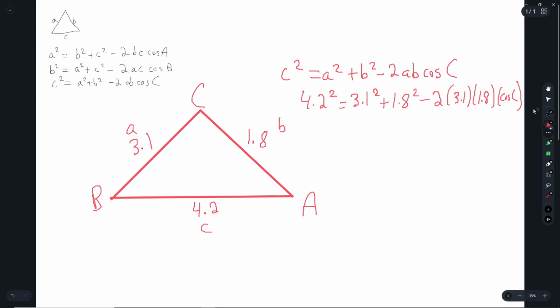So angle C is equal to 115.42 or around that.